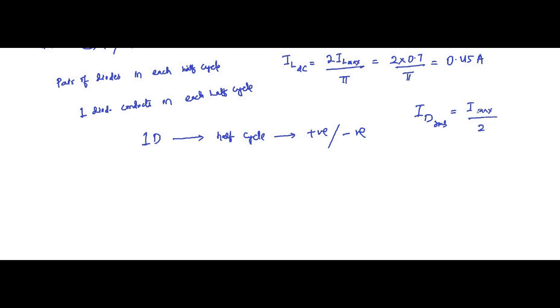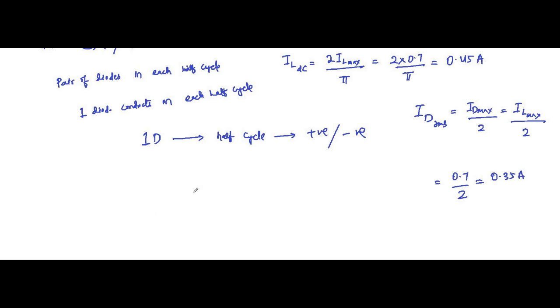The maximum current flowing through the diode divided by 2 is the same as IL max by 2, because the same load current flows through the diode, which is 0.7 by 2, equal to 0.35 ampere.